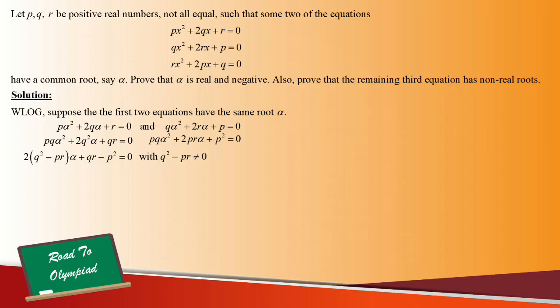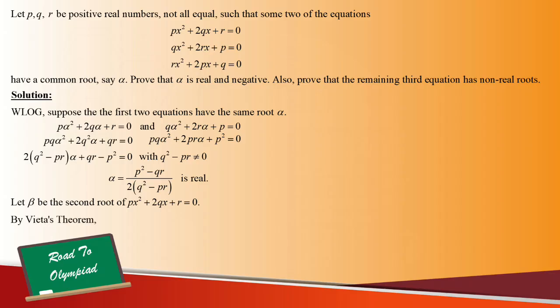With this, we can solve for the equation and obtain alpha to be equal to p squared minus qr over 2 times (q squared minus pr), which is clearly a real number. Now, we can let beta be the second root of px squared plus 2qx plus r is equal to 0. By Vieta's theorem, we have the product of roots to be r over p, which is a positive number since p and r are positive.